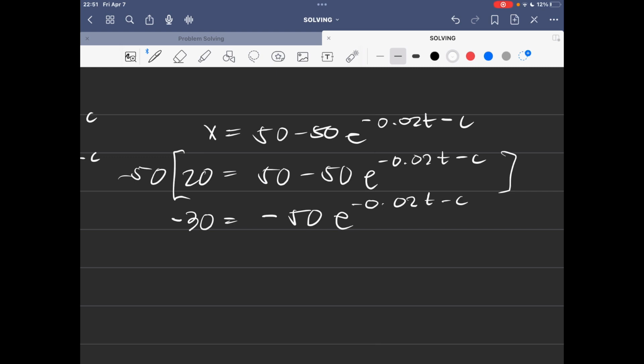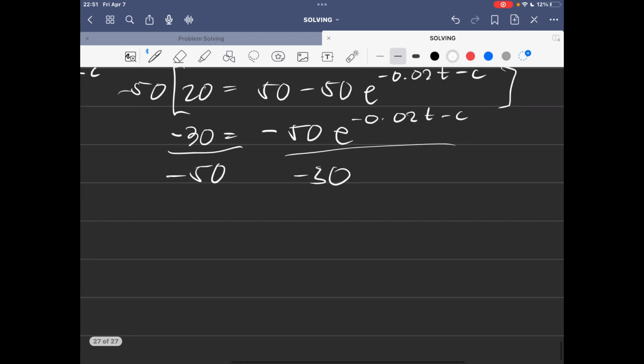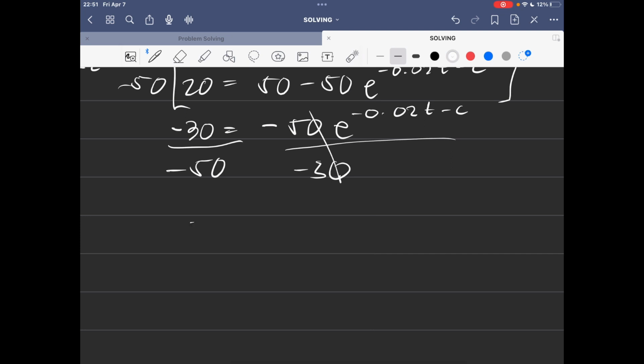Then we can divide both sides by negative 50. So cancel, we get 3 over 5 is equal to e raised to negative 0.02 t minus c.